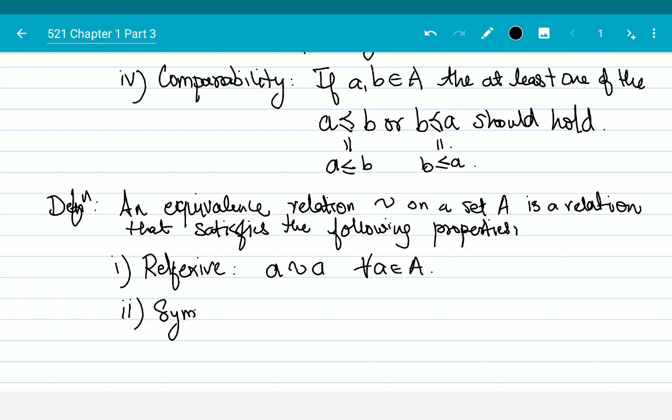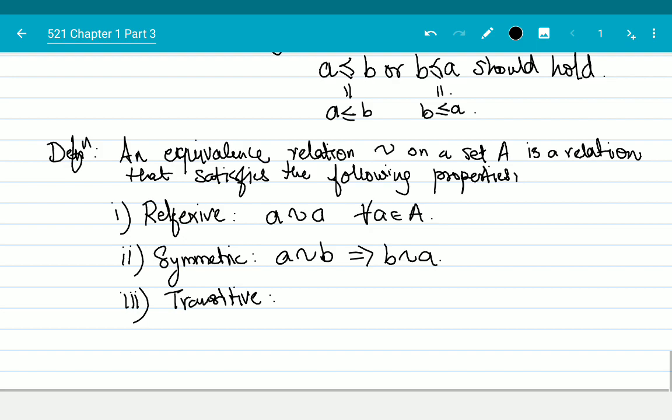Symmetric. A tilde B implies B tilde A. And transitive. So unlike partial order, this one needs symmetric instead of anti-symmetric. Okay.